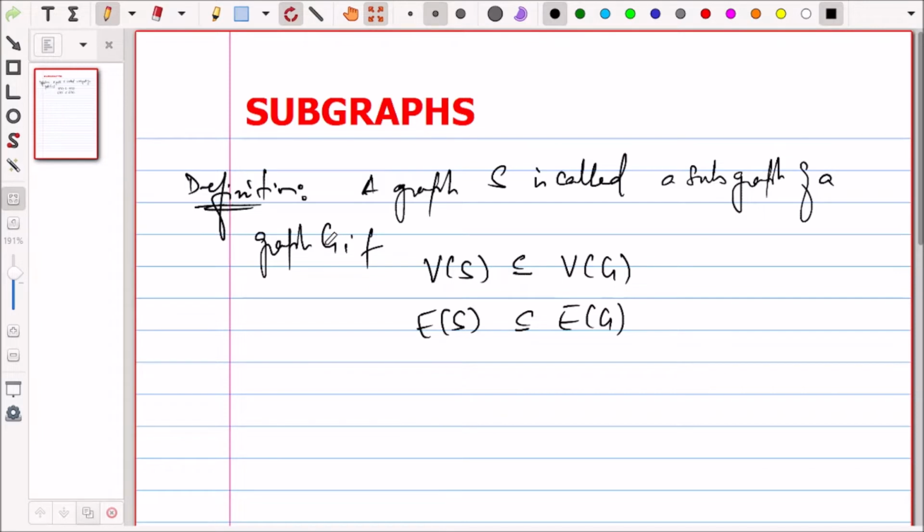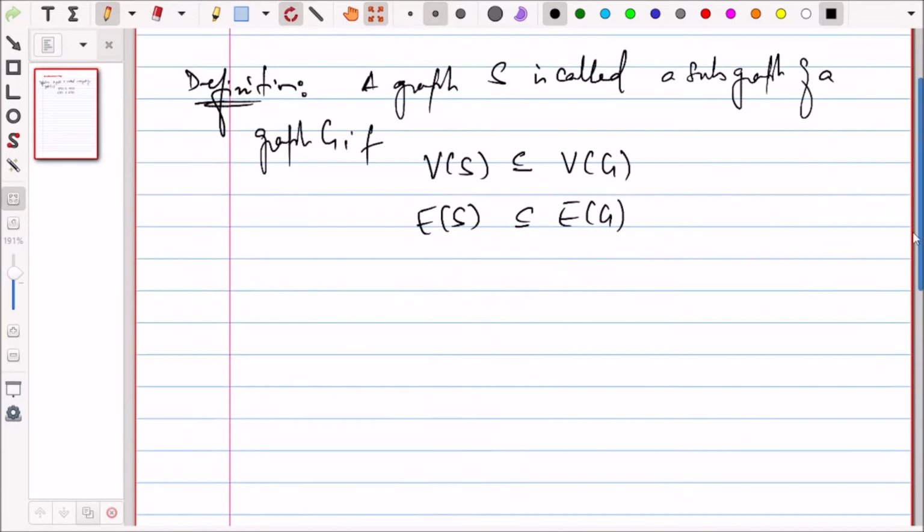Basically it means that the vertex set of S is contained in the vertex set of G, and the edge set of S is contained in the edge set of G. Is it fine? Yes, sir. So then S is called a subgraph of G.